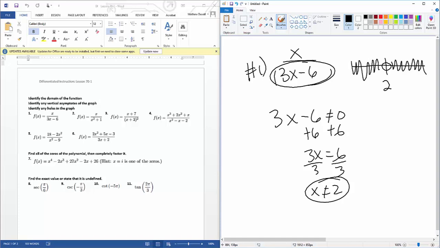And if you're thinking to yourself, well, why is it everything else? Because there's nothing that says that it can't be anything else. Right? There's nothing shown that says it can't be these other things, and so that's why we can assume that. So it'll be from negative infinity to 2, union from 2 to infinity.